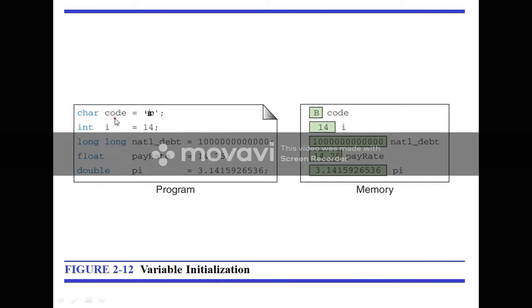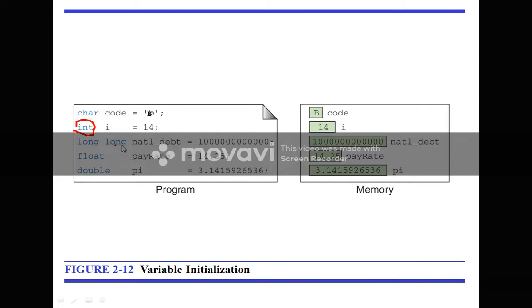Why? Because this code variable has a data type character, so we cannot put an integer value. Okay. Next example is int I is equal to 14. So we are initializing this I variable to the value 14, that is assigning the value 14 to the I variable having a data type integer.